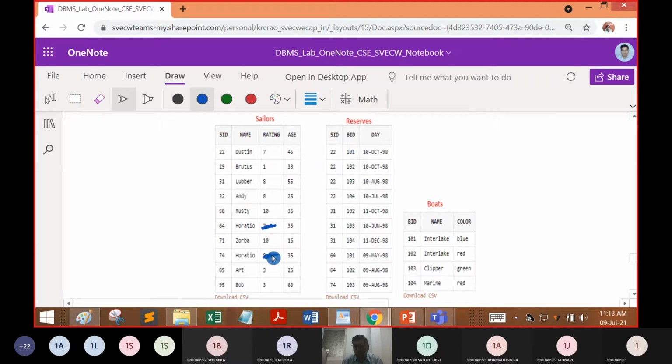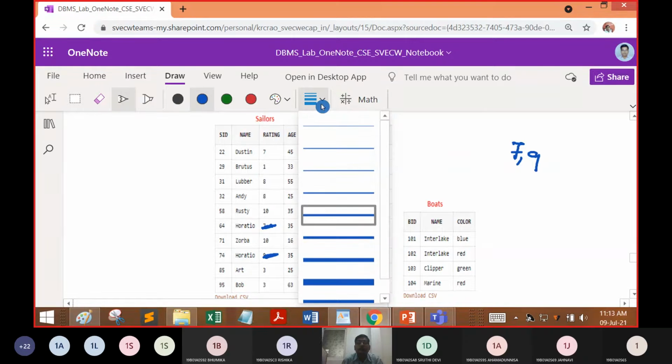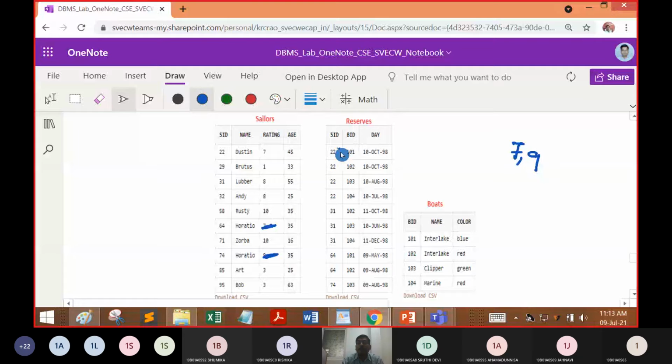So first of all, an internal condition is prompted, 7, 9. Then in this 7, 9, which was greater? 9 is greater, right?